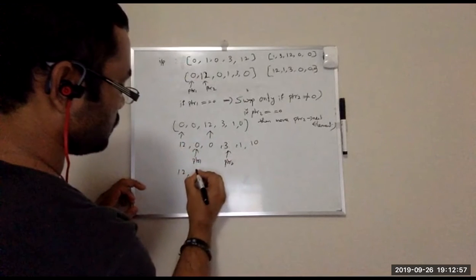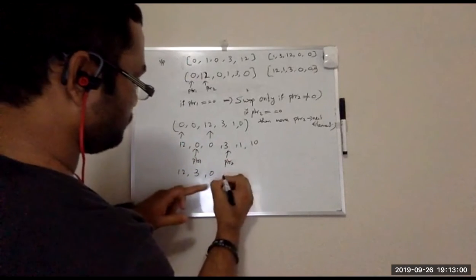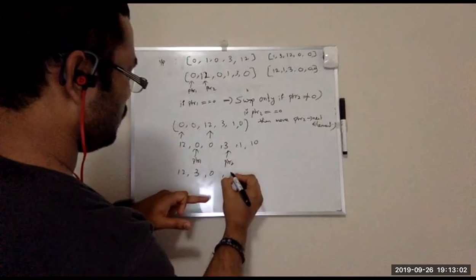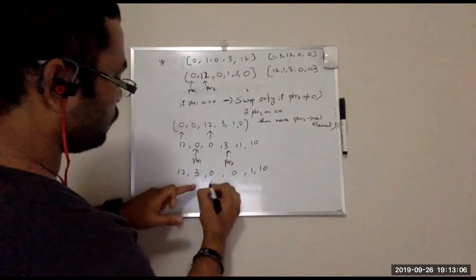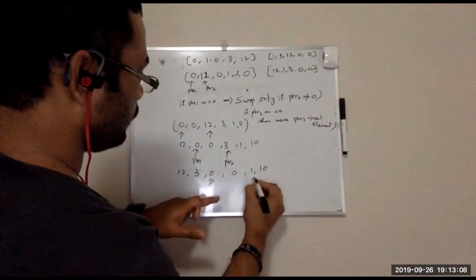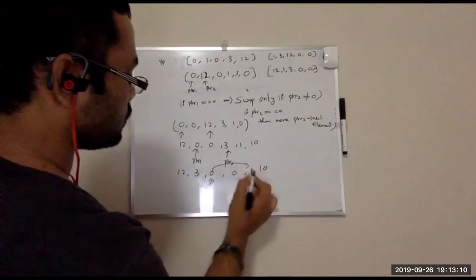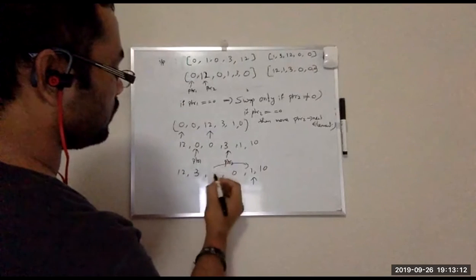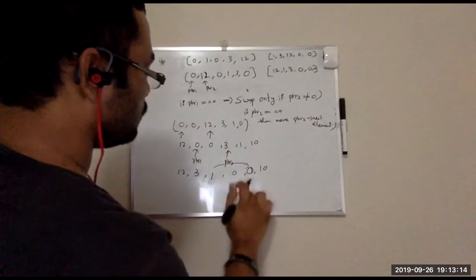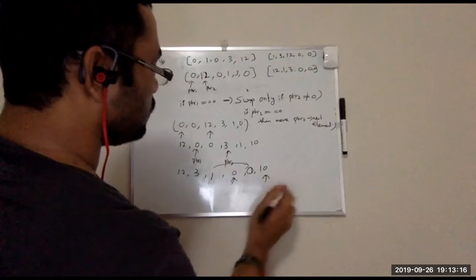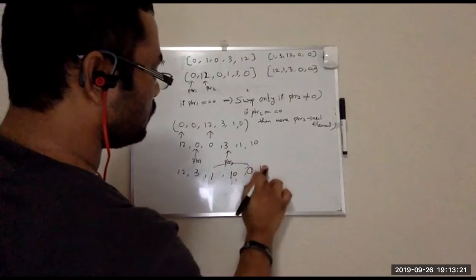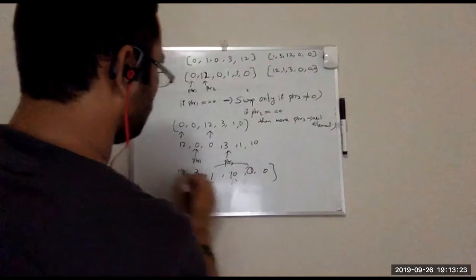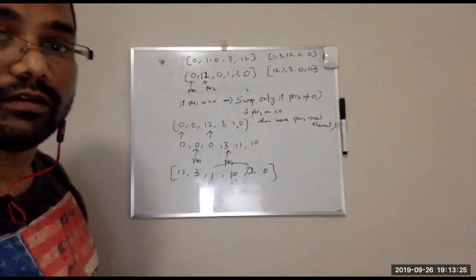Then our elements become 3, 0, 0, 1, and 10. Both pointers need to be moved to here, and we'll just replace this one with this one. So it will be 1, and it will be 0, and this one is not equal to 0, so we'll move this one to this one. That's how it needs to be done, I think.